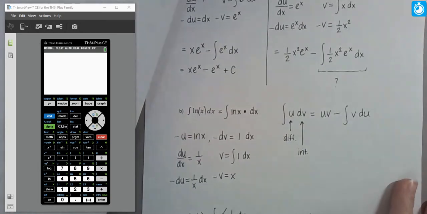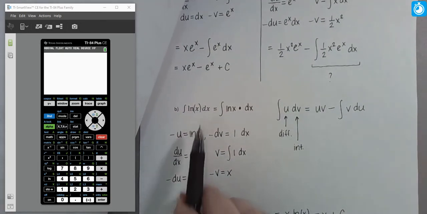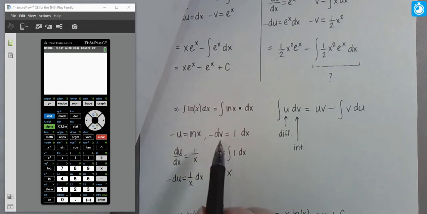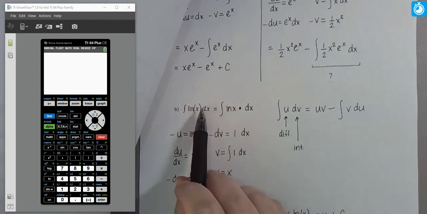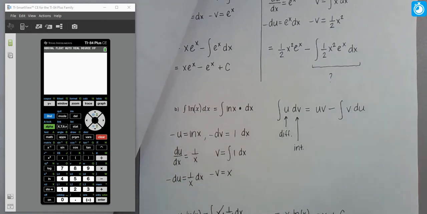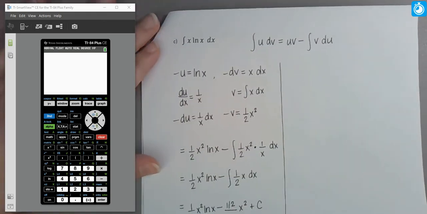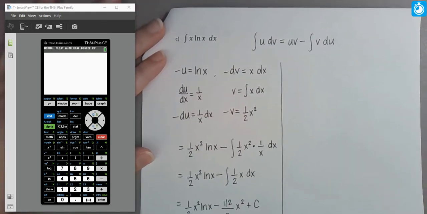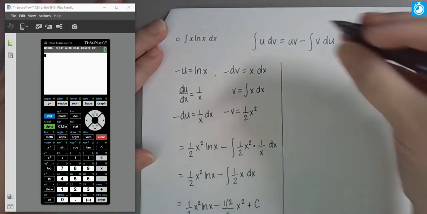So remember, for the previous one, we just allowed u to be the whole function, everything involving x, and then dv was just the differential, which we could think of as just 1 times that differential, if it helps. Suppose we made that kind of attempt here. Let's see what would happen.